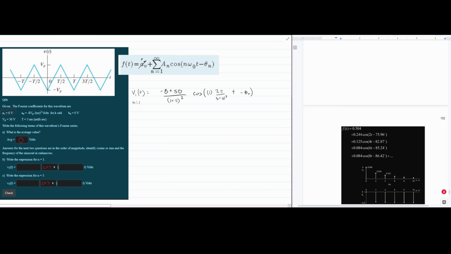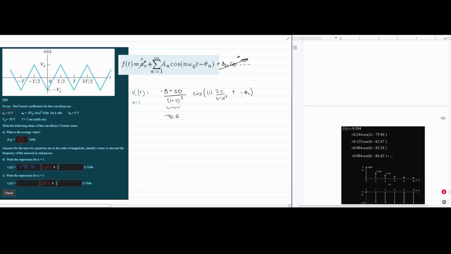Now our B_n is 0 volts, and that's good because otherwise we would have a plus B_n cosine and so on. But since this is 0, we don't need to worry about that. If we plug this part into a calculator, we are going to get approximately negative 40.5. And that's the answer to the first part. We're going to have negative 40.5 out here, and then we have something in front of our t.